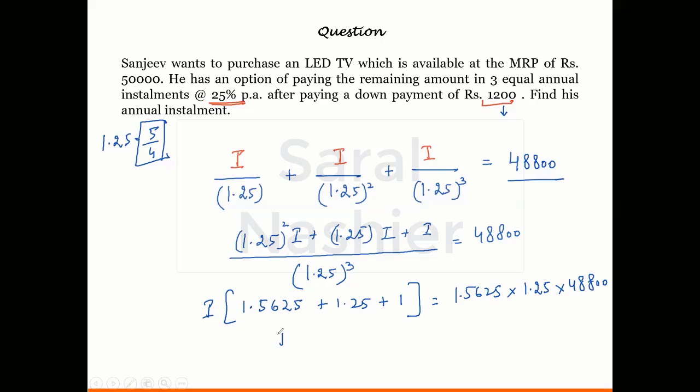All right, so from here we get I is equal to 1.5625 into 1.25 into 48800 divided by, let's add all of them. It gives me 3 plus 0.5625 and 0.25. That probably gives me 0.8125.